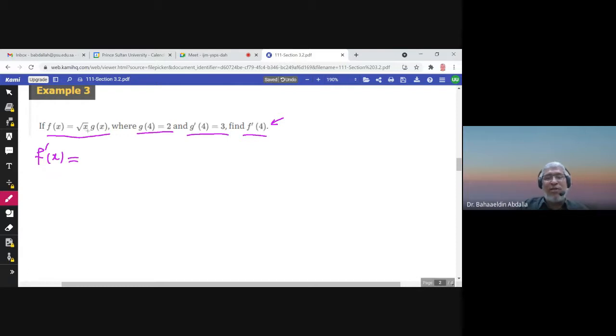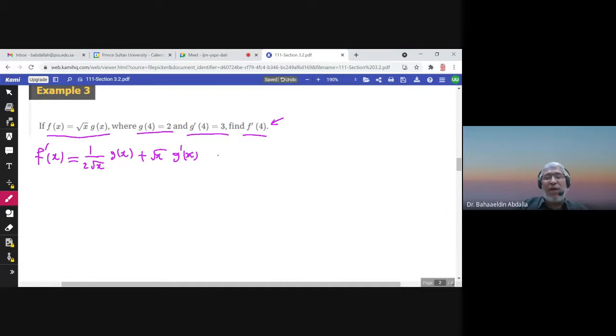And it's product multiplication, product function. So I will use the product rule. The derivative of square root of x is 1 over 2 square root of x times g of x plus square root of x times the derivative of g, which is g prime of x.